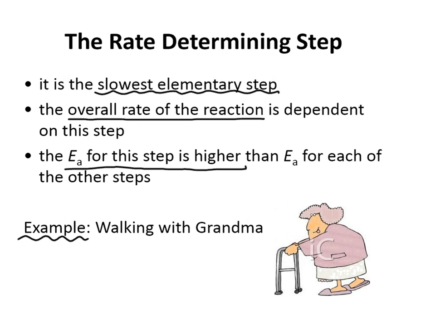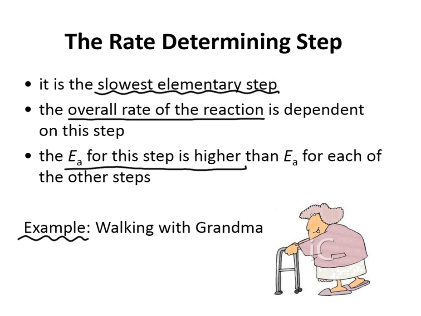Doesn't matter how fast you are or how hungry you are, you could sprint into the restaurant and you're going to stand inside and wait, and you're going to wait until grandma walks slowly all the way up to the door, or you can walk with her and walk into the restaurant at the same time. Doesn't matter how fast you can go, you're still going to have to wait for grandma to get into that restaurant before you get a table, sit down, and have your dinner.